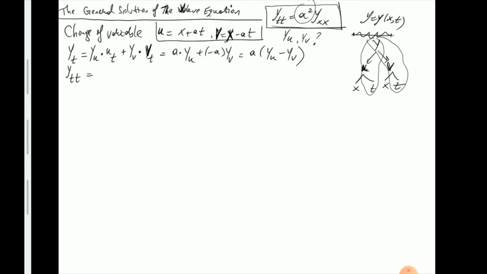And now each of these two functions, partial u and partial v, splits again into a sum via the chain rule. So look carefully here, a is a constant, that comes out.